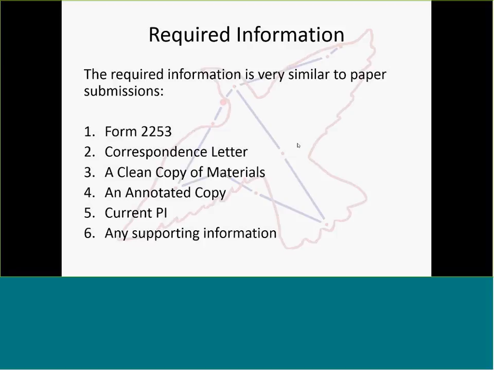Of course, you need your clean copy and an annotated copy of your material, the current PI, and any other required labeling, so patient instructions, things like that, and any additional supporting information for your product, for your materials.